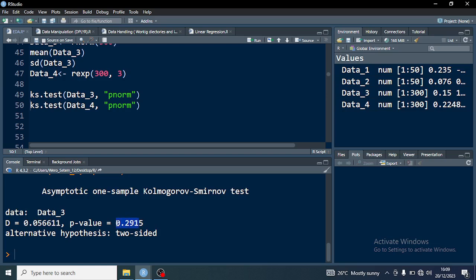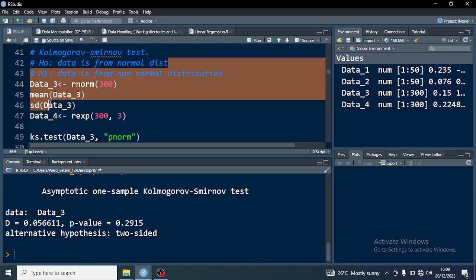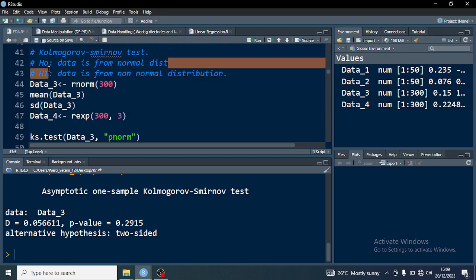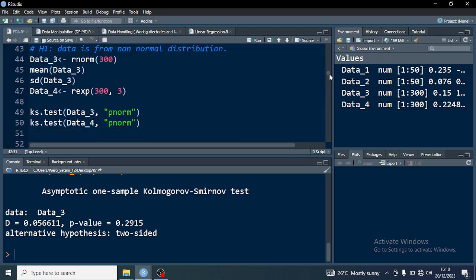This value is greater than 0.05. So that means that we fail to reject the null hypothesis. So if we fail to reject it, that means we accept it. So we accept that the data set is from normal distribution.